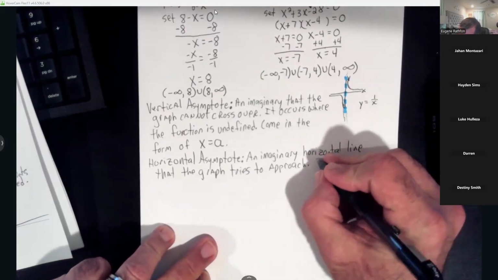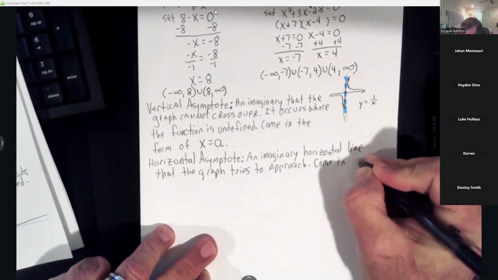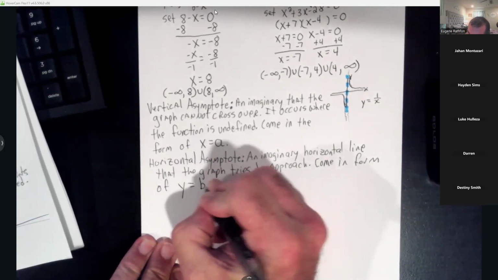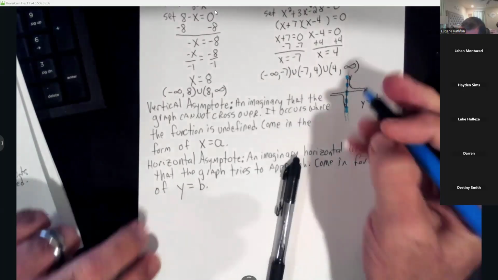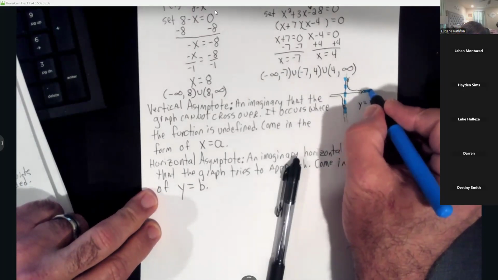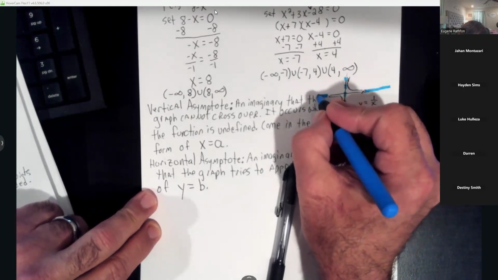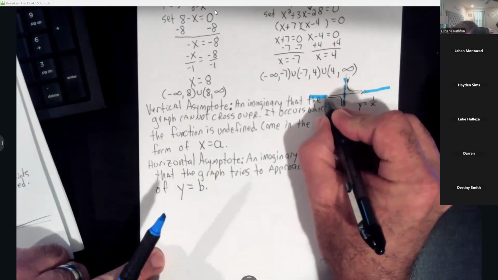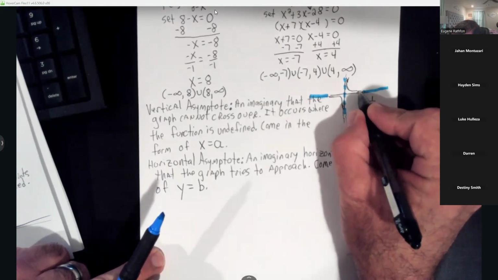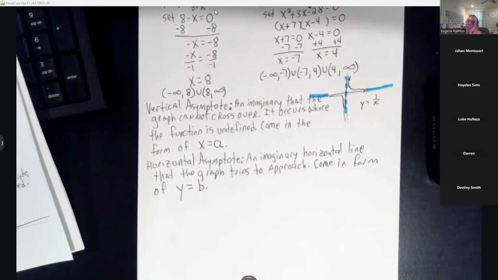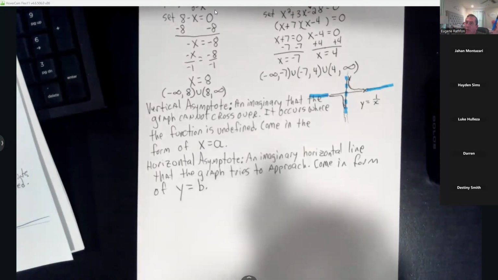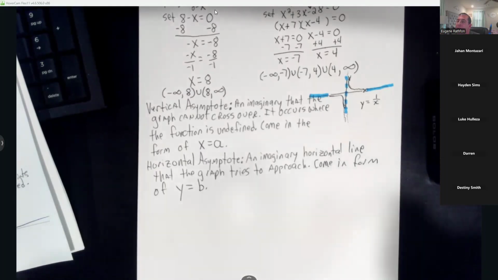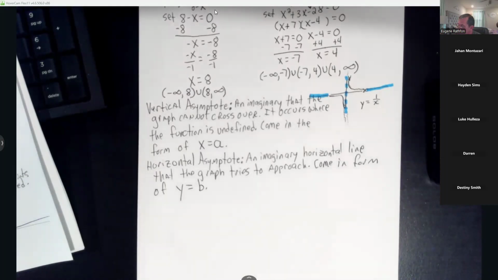Now, these come in the form of y equals some number. So these horizontal asymptotes would be like a little line that extends out from your graph. And this graph just tries to approach that line. It never equals that line. It just gets closer and closer and closer as these graphs head out towards negative and positive infinity.